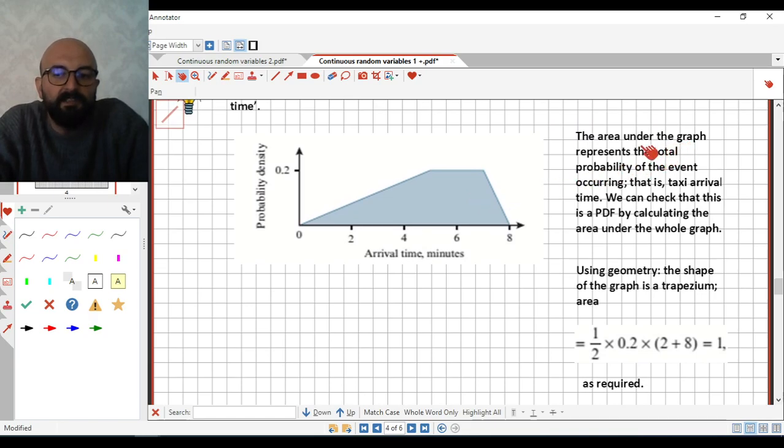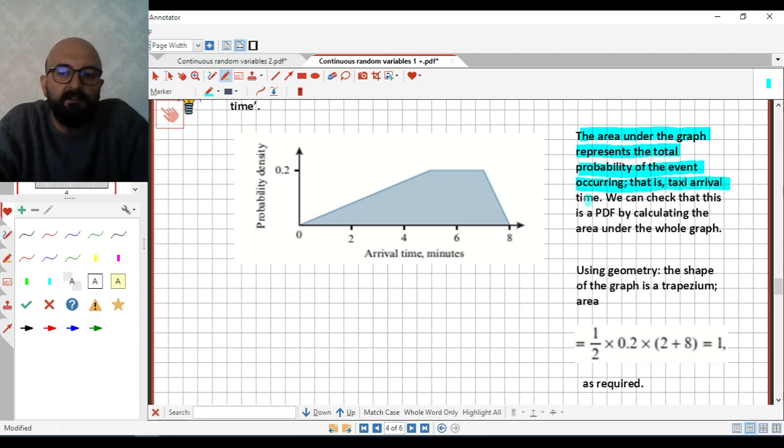The area under the graph represents the total probability of the event occurring, that is, taxi arrival time. We can check that this is a probability density function by calculating the area under the whole graph.